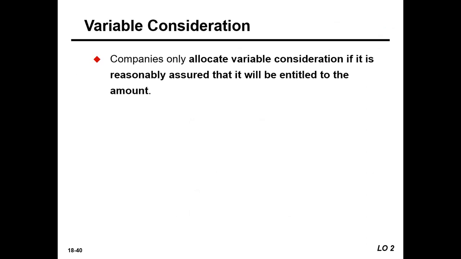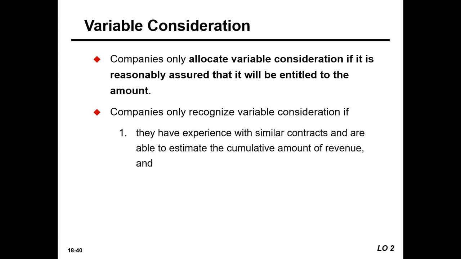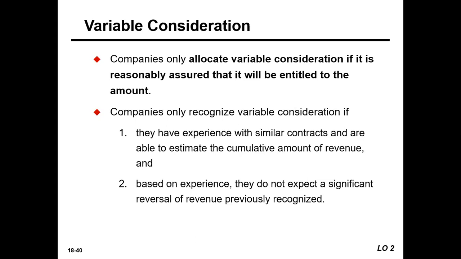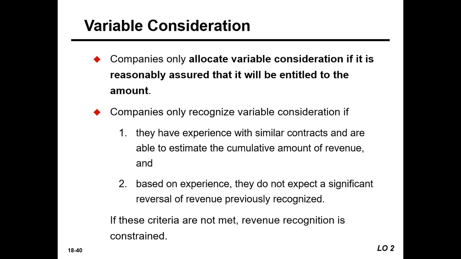Under variable consideration, companies only allocate variable consideration if it is reasonably assured that it will be entitled to the amount. Companies only recognize variable consideration if they have experience with similar contracts and are able to estimate the cumulative amount of revenue, and based on experience, they do not expect a significant reversal of revenue previously recognized.